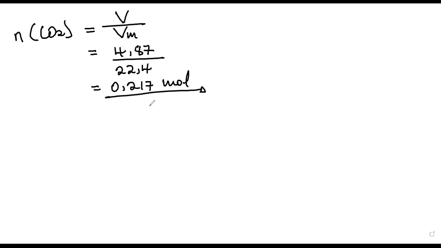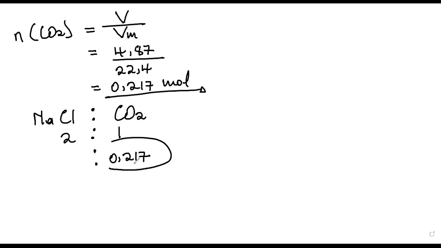Fine. So now that we have the number of moles of carbon dioxide, we are going to relate carbon dioxide to sodium chloride because we need to find the mass of sodium chloride that is produced. So according to the balanced chemical reaction, we know that they relate in a 2:1 ratio, like that. So what is the meaning? It means if I have 0.217 moles of carbon dioxide, how many moles do I have for sodium chloride?